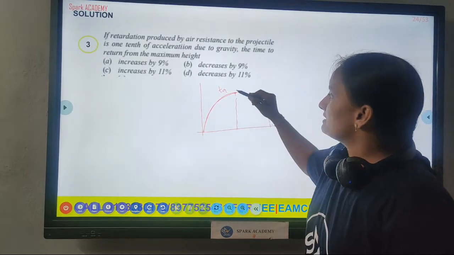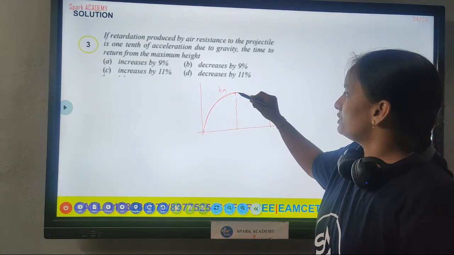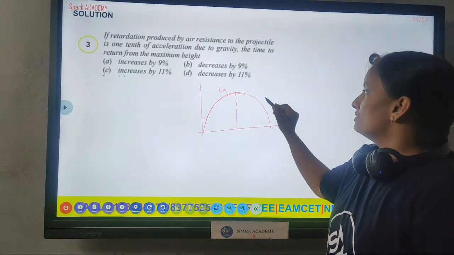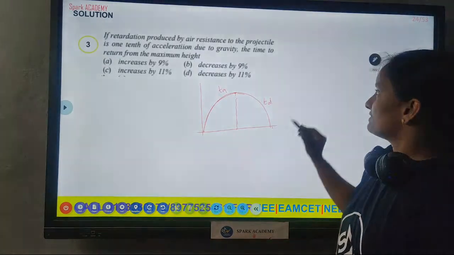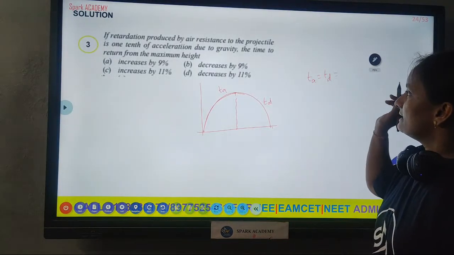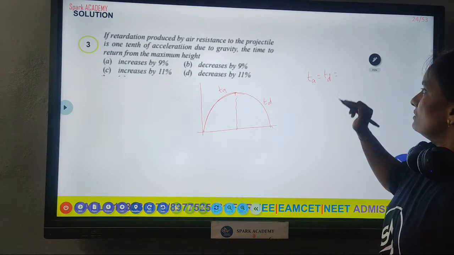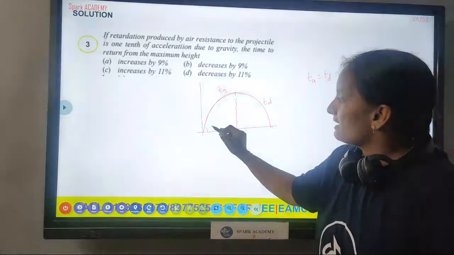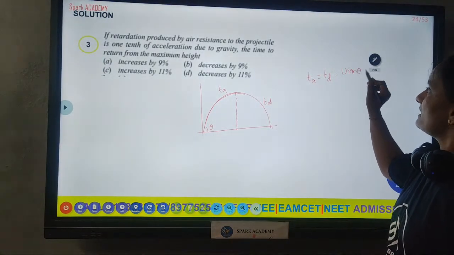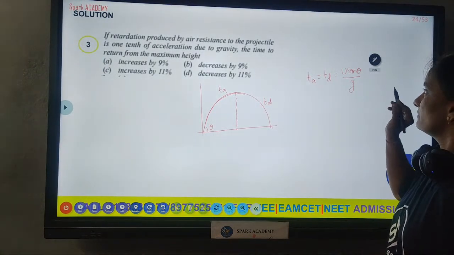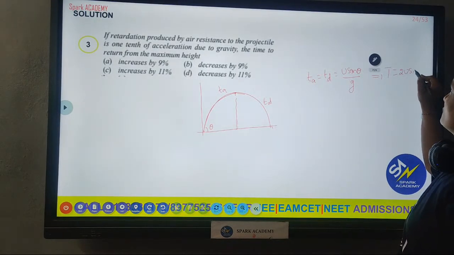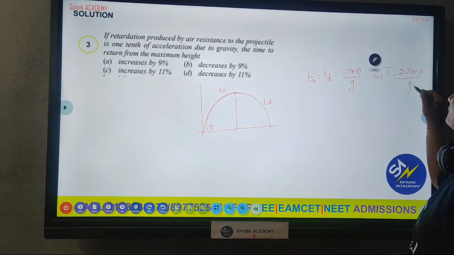It travels this vertical distance, and to reach the ground, it travels the same vertical distance. So the time taken is the time of descent. So time of ascent and time of descent are the same. When it makes angle theta with the horizontal, it is u sin theta by g. The total time we write as 2u sin theta by g.